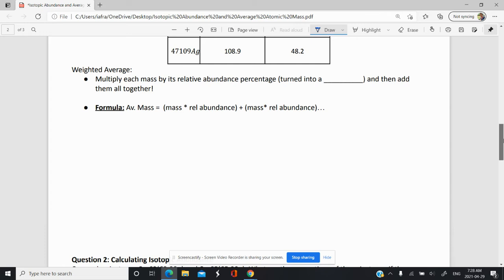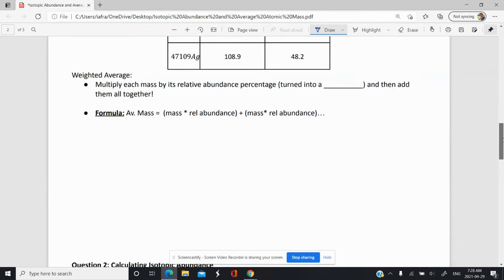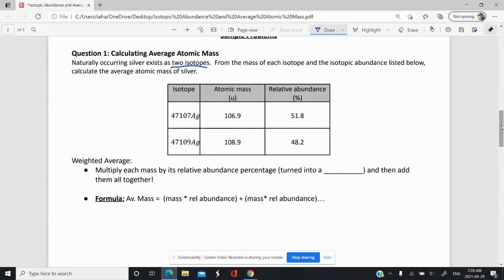The more organized you are with your questions, the more likely you are to be successful in your questions as well. So essentially, when you're trying to find the average atomic mass, which is basically just a weighted average, you're multiplying each mass by its relative abundance, turned into a decimal.